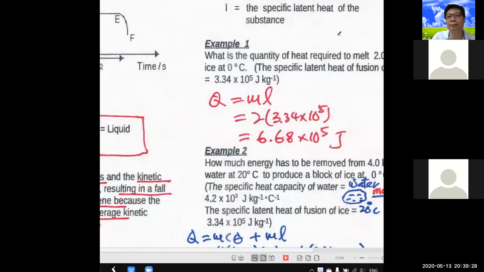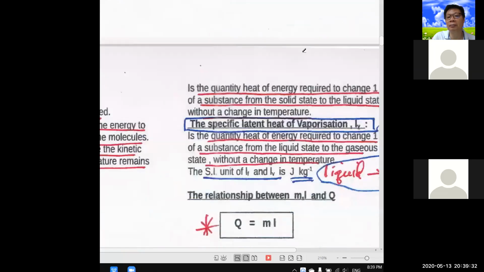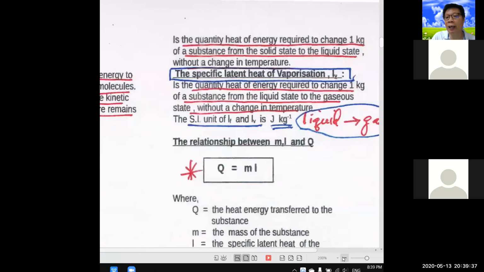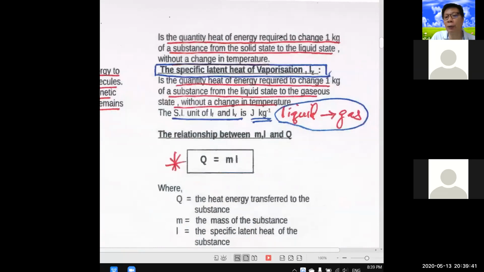Next, look at here. The definition first. Highlight here, the definition of latent heat. It is the quantity of heat energy required to change 1 kilogram, because it's specific, so we put 1 kilogram, of substance from solid state to liquid state.